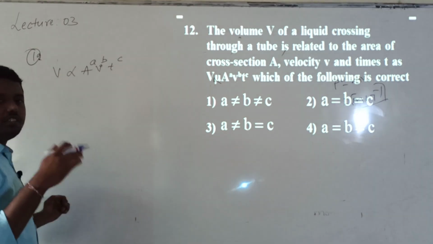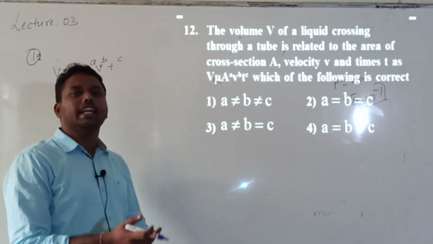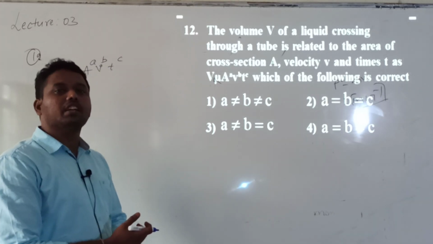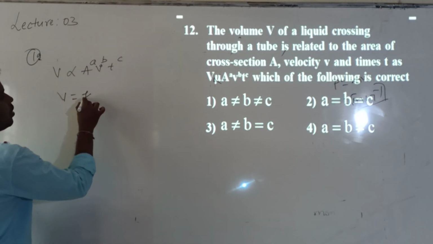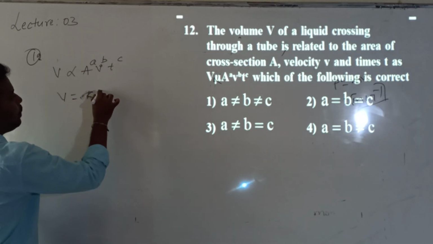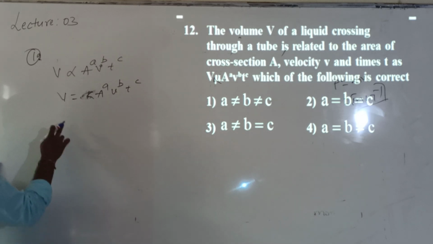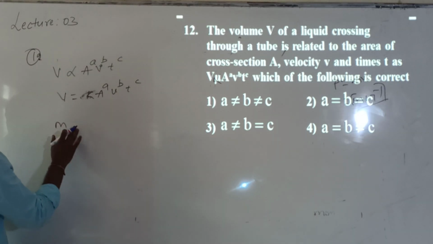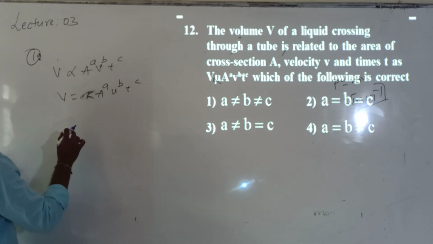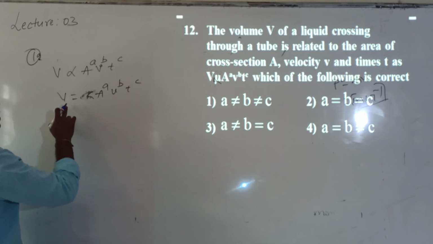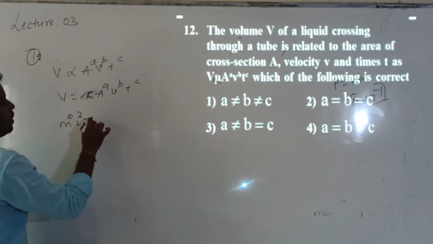This is the application of dimensional analysis. By using dimensional analysis, we can derive the relation between physical quantities. According to that method, V is equal to some constant K into A power a into v power b into T power c. V is the volume, which is nothing but mass divided by density. The dimensional formula of volume is M power 0 L cube T power 0.